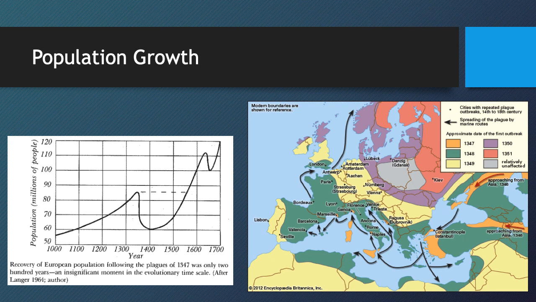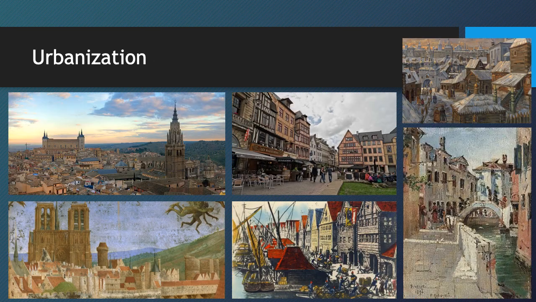But as soon as the plague ran its course, what you see again is a rapid recovery. Look at how rapid the population grew after the recovery between 1400 and 1550, right? So after the plague had kind of run its course, you're going to see this growth once again, and then it's going to continue to grow, and we're going to talk about that other growth in a few chapters from now.